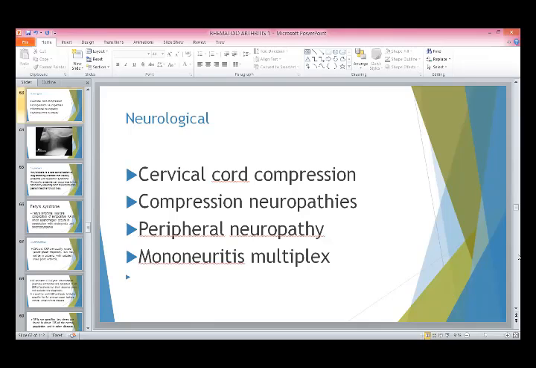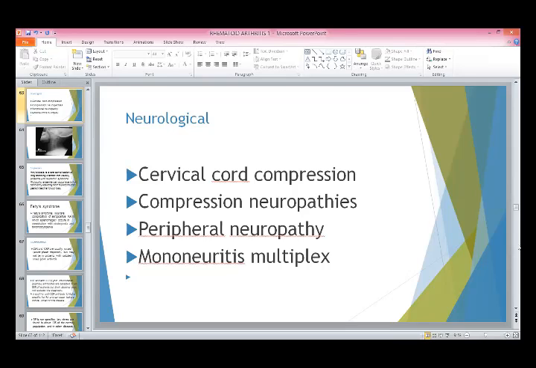The neurological involvement is cervical cord compression because of the subluxation of the atlanto-occipital joints. Subluxation of the atlanto-occipital joint can cause compression of the spinal cord, the cervical cord. It can lead to quadriparesis.